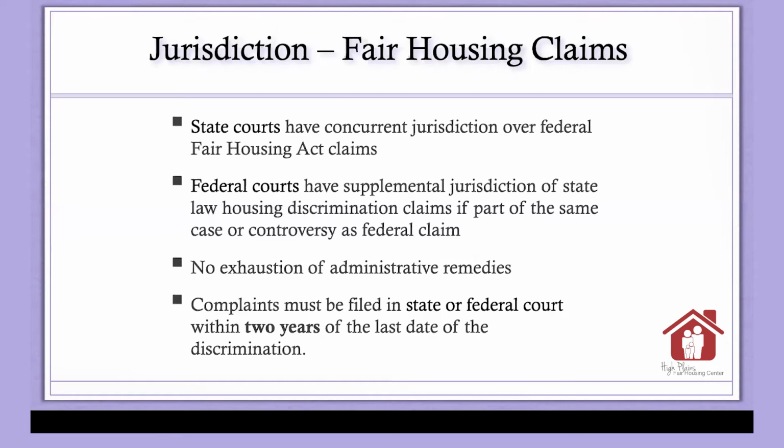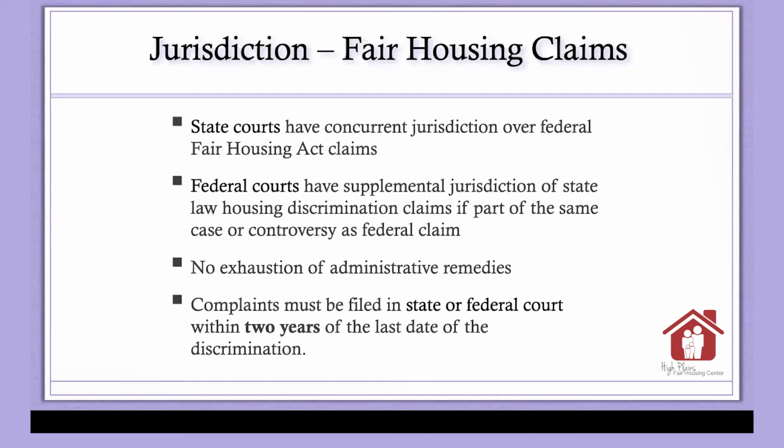So the federal law that we're talking about today is substantially equivalent to the state law of many states, including North Dakota. There's no exhaustion of administrative remedies required. By that, it's different from the process required in an employment discrimination claim based on federal anti-employment discrimination law, where a claim must first be exhausted through the administrative process of the EEOC.